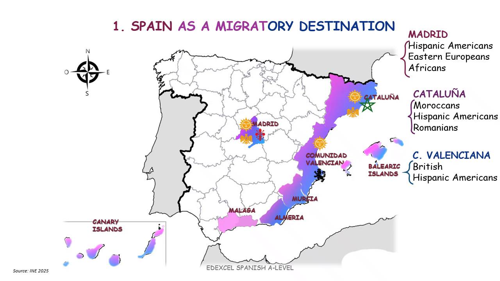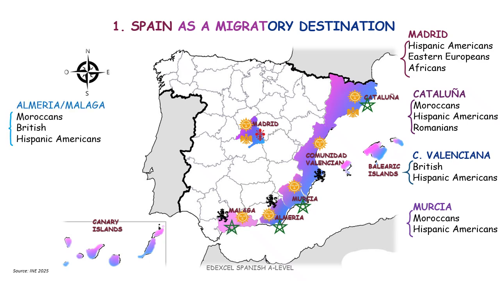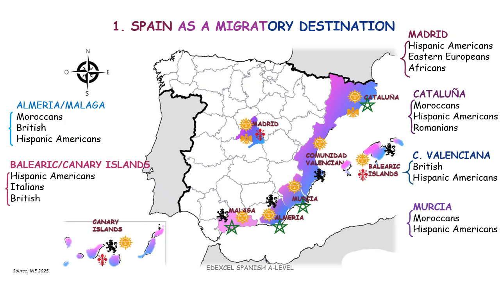Murcia and Almería have a very high immigrant ratio, especially Moroccans, British and Latin Americans. Málaga is the Andalusian province that attracts the largest migrant population: Moroccans, British and Hispanic Americans. And finally, in the Balearic Islands, you'll find many British, Italians and Latin Americans. Meanwhile, the Canary Islands receive more Africans and Latin Americans.